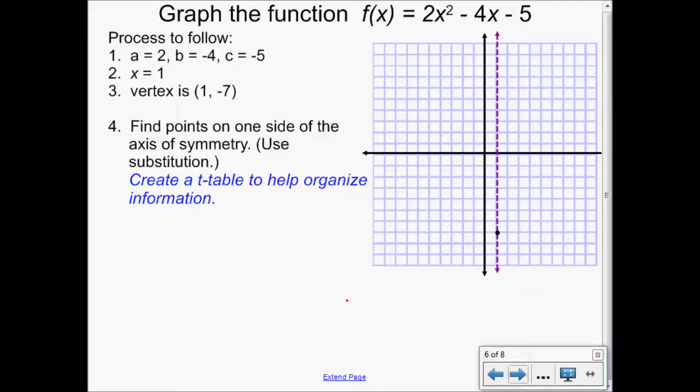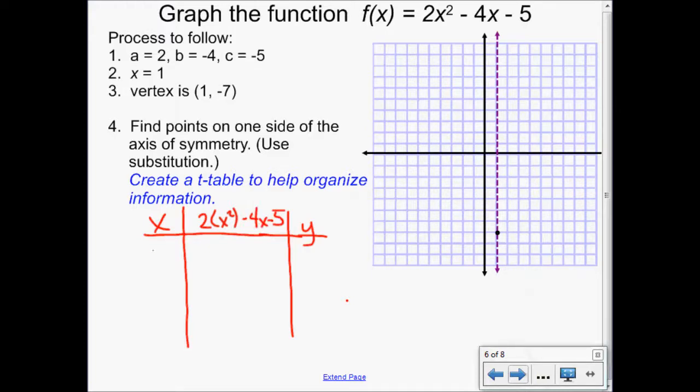My next step is to find points that are on one side. Since this is a symmetric graph, I don't need to find points to both sides. So I'm going to create a table. Now, I'm giving myself 3 parts of my table because in the middle is where I'm actually going to do my calculation. And I'm going to choose positive points.